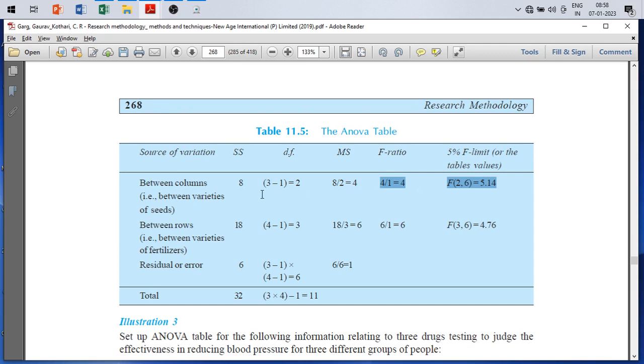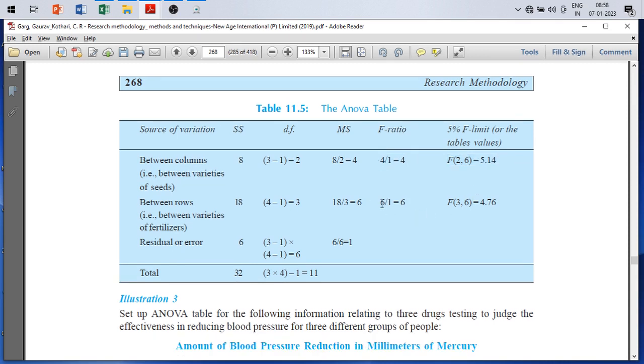So the difference between columns, or you say the difference between seed varieties, is not significant. But here we see this F ratio is larger, so it will be in the rejection region. So we'll say that the difference between varieties of fertilizers is significant.